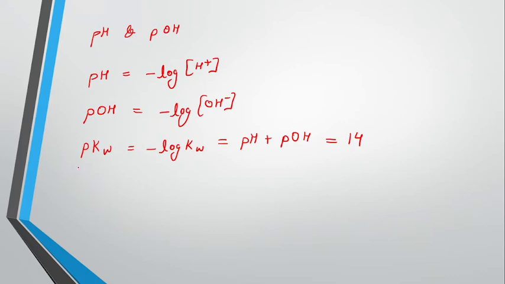So pKw, what is the value of pKw? pKw is 14. Now pKa, what is pKa? Minus log Ka. Okay, so minus log Ka is pKa.